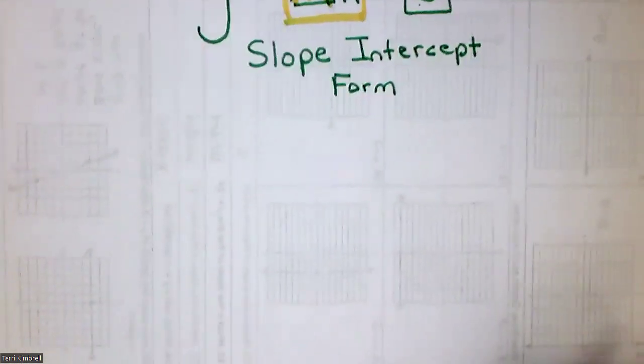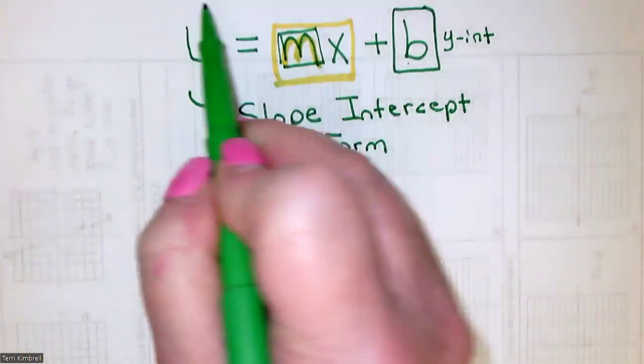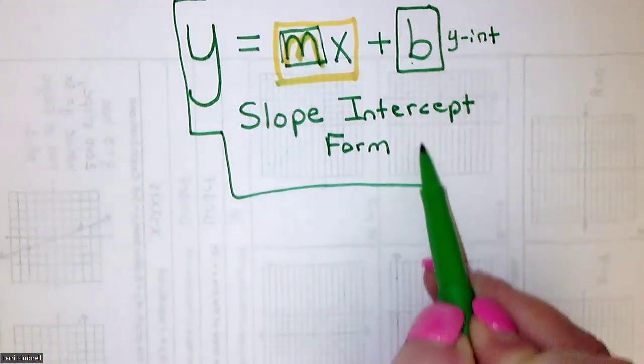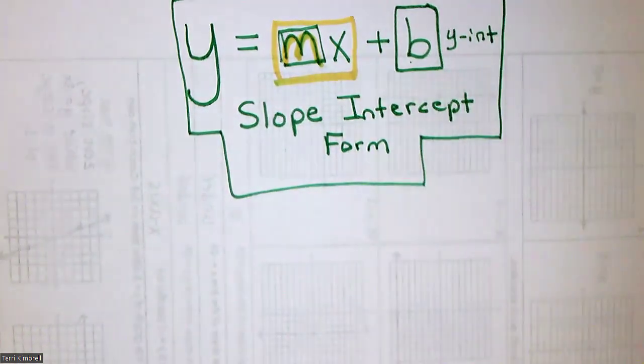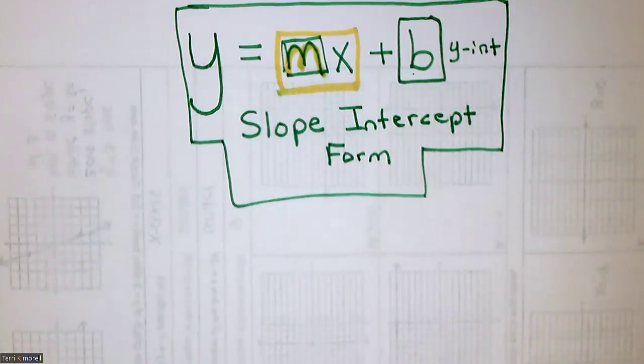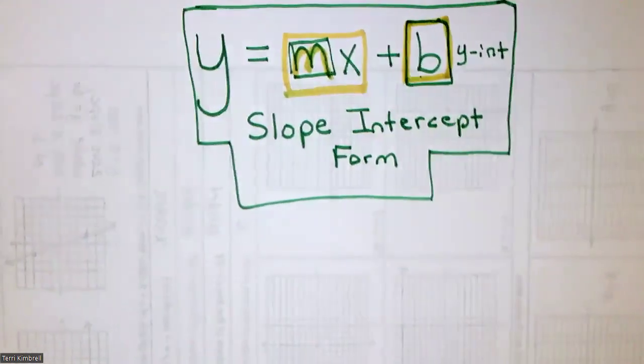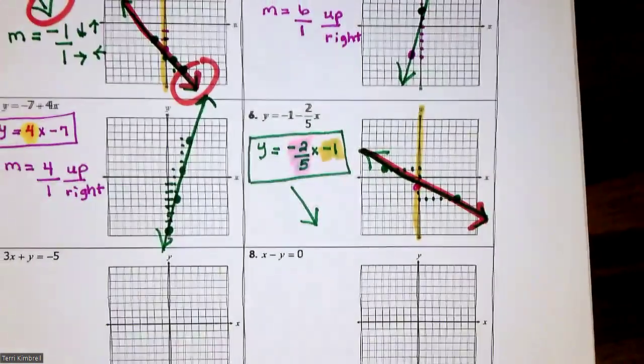Okay, so let's try to remember how to put it into this form. This is the form that we're wanting to put each of the questions in, where we're able to graph that. Okay, so y equals mx plus b. So that's what we're going to focus on now.